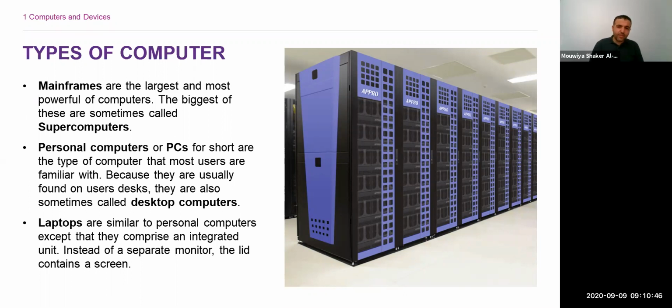The other type, which we all use, is the personal computer, which they call the PC. A desktop is a personal computer. A laptop is a personal computer. So between the two, we have the personal computer, which includes the laptop, and the mainframes.